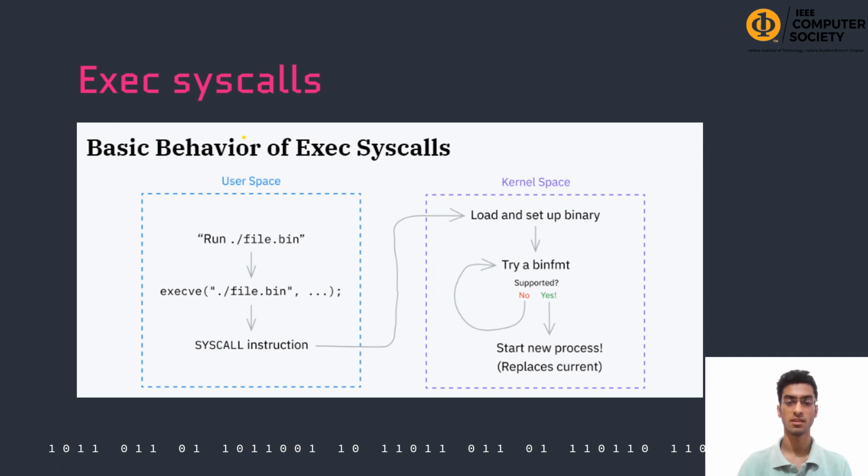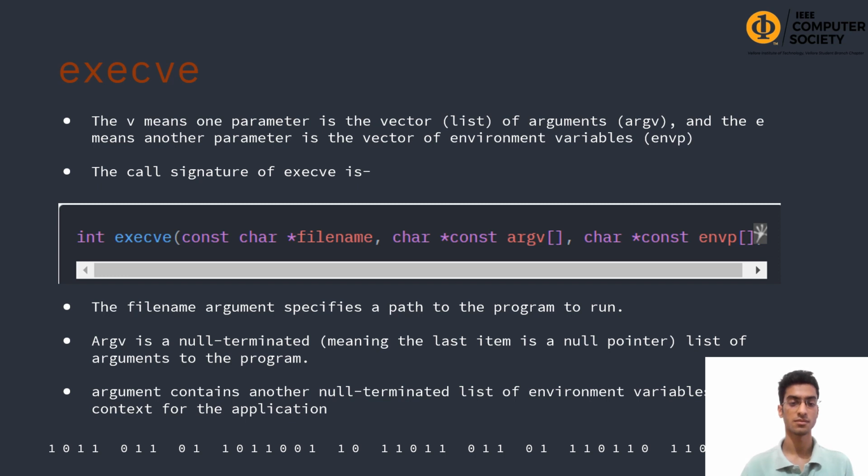So we are now going to see the call signature, or how execve looks. Here you can have a look at the call signature of execve. We can see that three arguments are passed here: filename, argv and envp. The filename argument specifies the path to the program to run. argv is a null terminated list of arguments of the program.